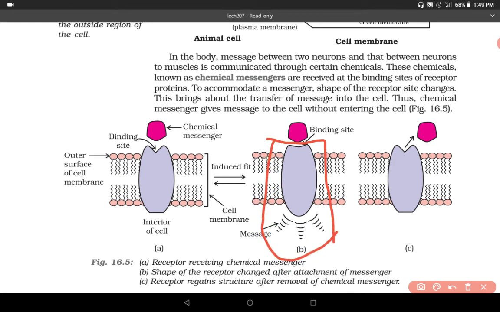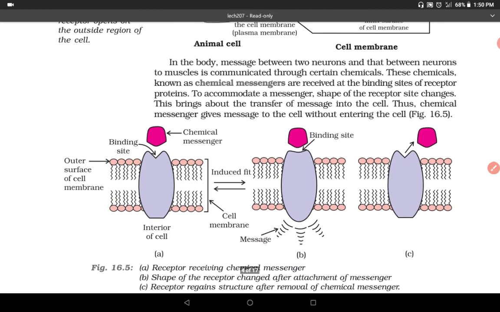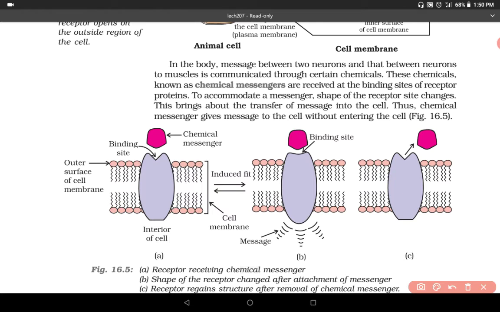In the cell membrane, the receptors are present. In that receptor there is an active site. This active site binds the chemical information, the chemical messenger, and transfers the message to the cell. That is what is shown in this picture: the cell membrane, induced fit, chemical messenger, binding site, outer surface of the cell membrane, and interior of the cell.